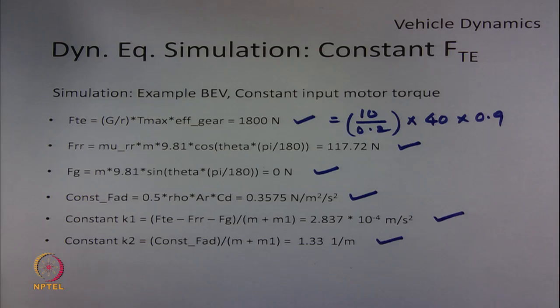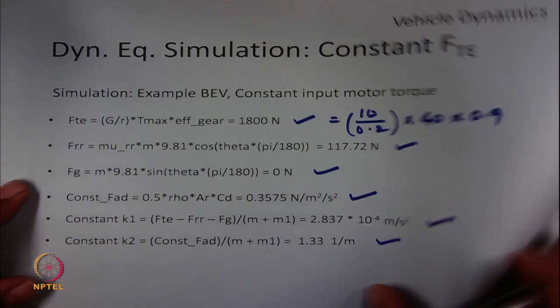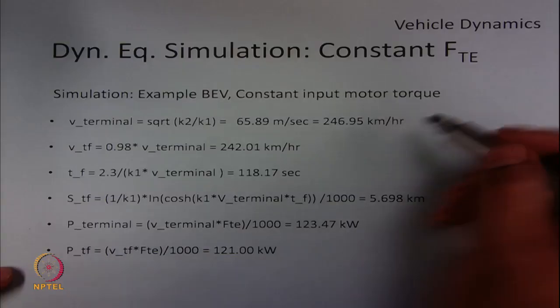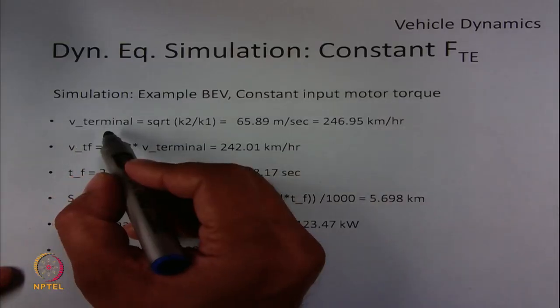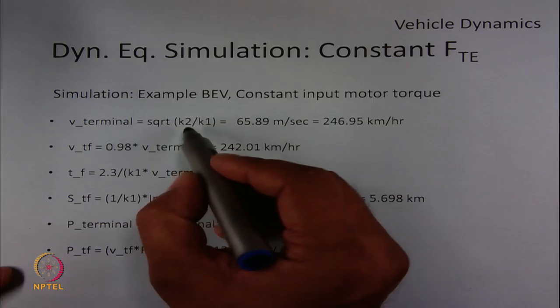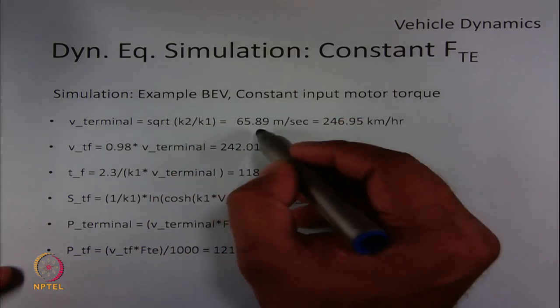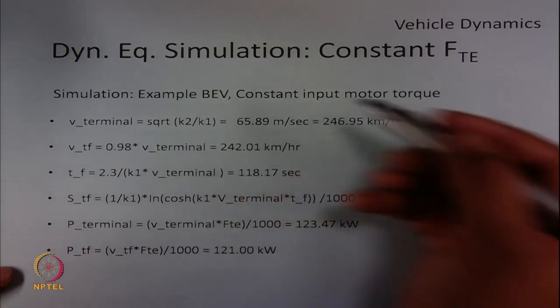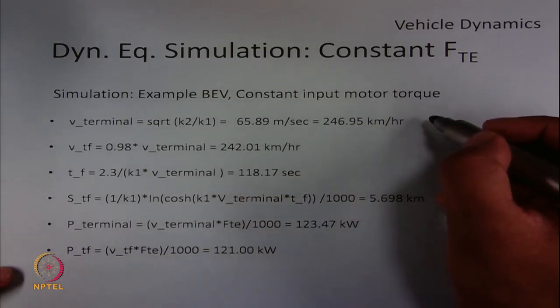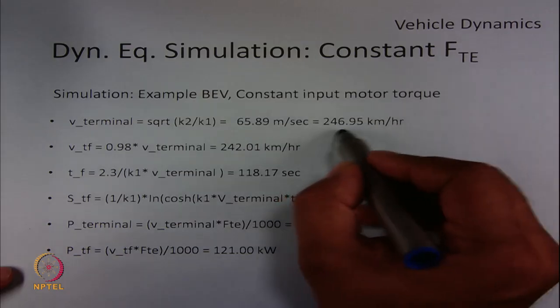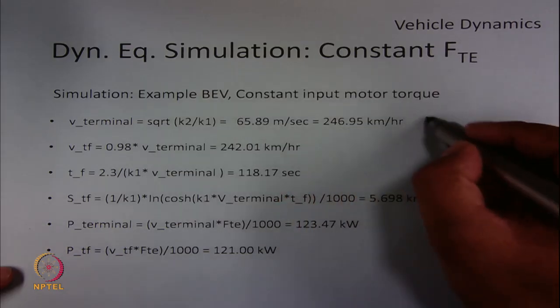So, since we have all these values available with us, we can now calculate the rest of the parameters. So, the terminal velocity is the square root of K2 minus K1, and it can be calculated as 65.89 meter per second, which becomes 246.95 kilometer per hour.